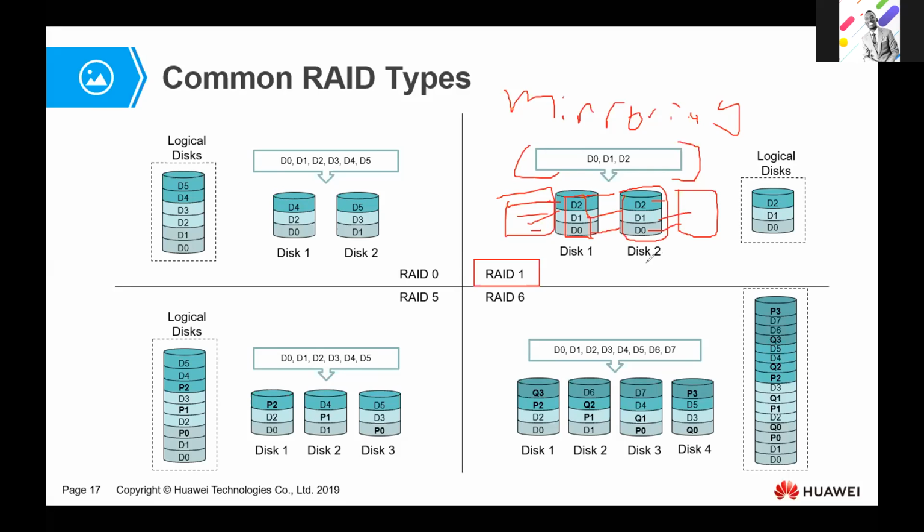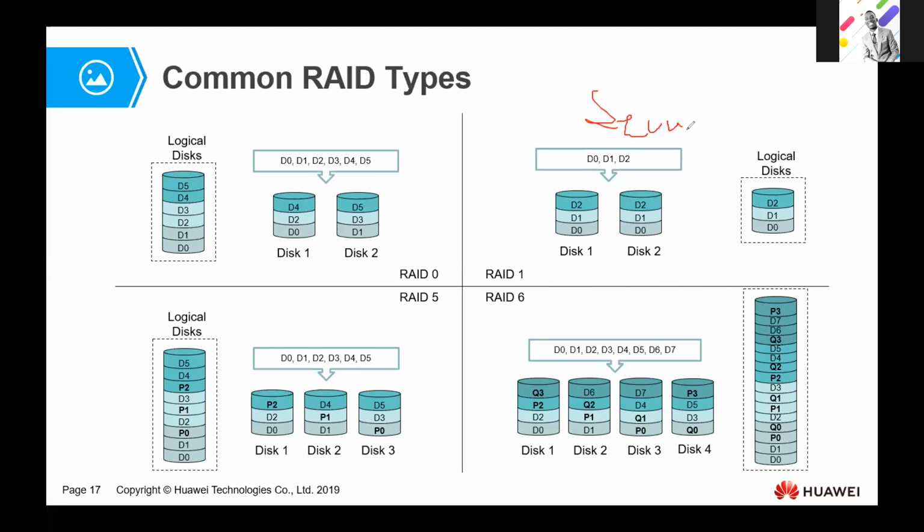So RAID 1 writes the same data to the mirror disk while storing the data on the source disk. When the source disk fails, the mirror disk takes over services from the source disk. RAID 1 delivers the basic data security among all RAID levels, because the mirror disk is used for data backup.